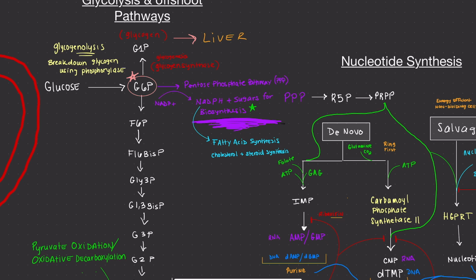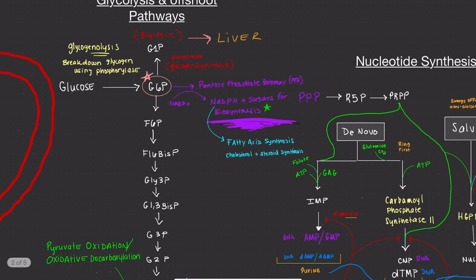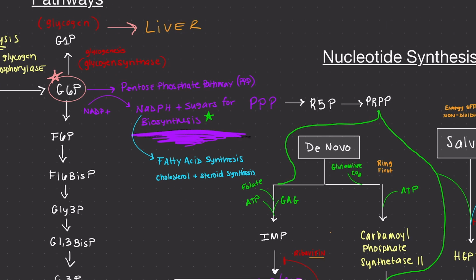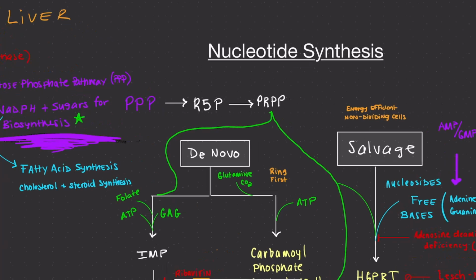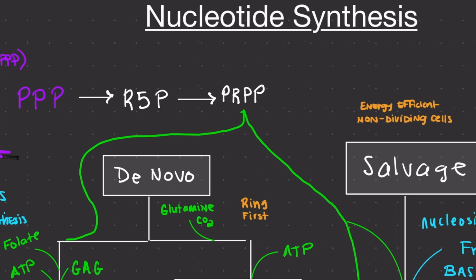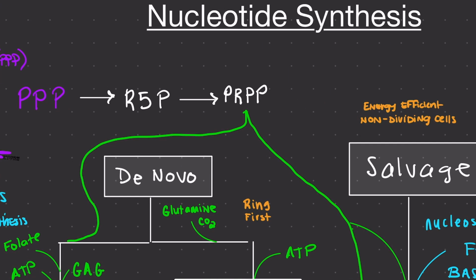But you get glucose from your blood, it enters glycolysis, you get G6P, but this enters what we call the pentose phosphate pathway, or PPP, which is known for biosynthesis when you're first learning it. And this results in ribose 5-phosphate, and then that gives us PRPP, which stands for phosphoribosyl pyrophosphate.